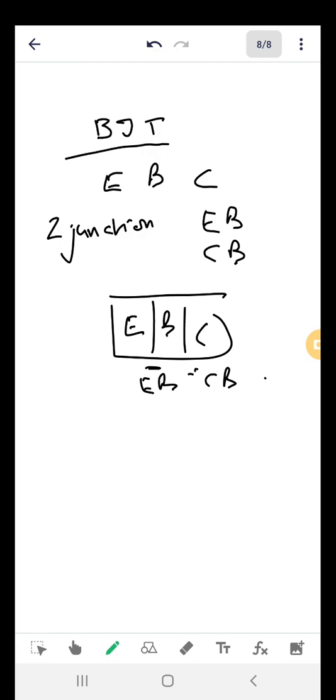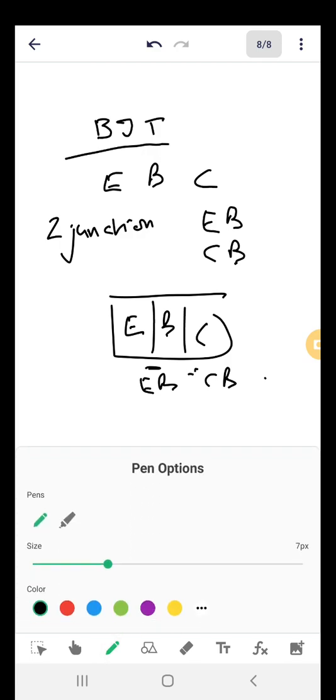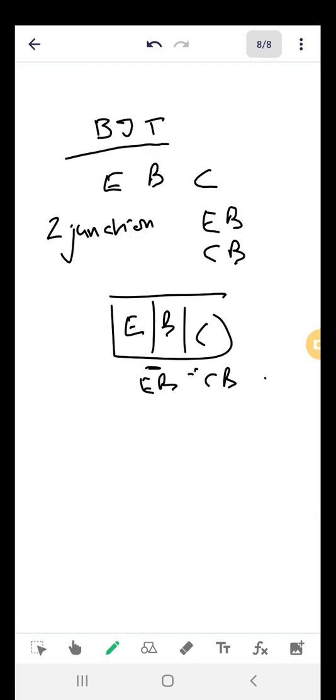And in this case, the depletion region is almost entirely in the base.